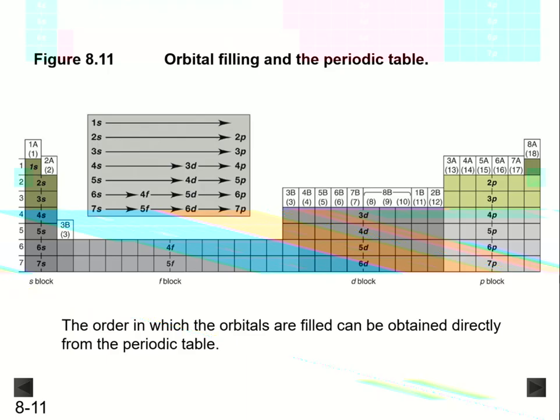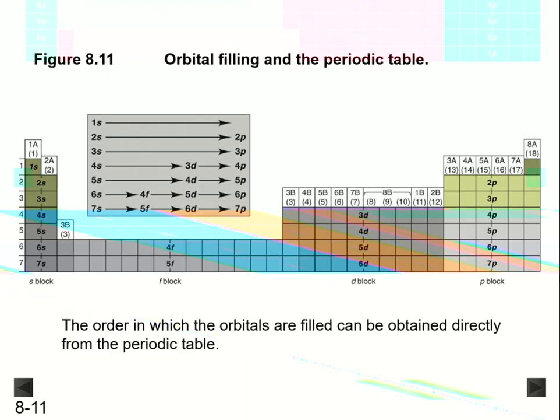So here's our orbital filling pattern and how this fits in with the periodic table. This is a nice illustration showing how we go from 1s to 2s to 2p to 3s to 3p, then 4s, 3d, 4p, 5s, 4d, 5p, and so forth. This shows the effect of penetration, and that is that shielding effect where the 3d is no longer grouped with the 3s and 3p.